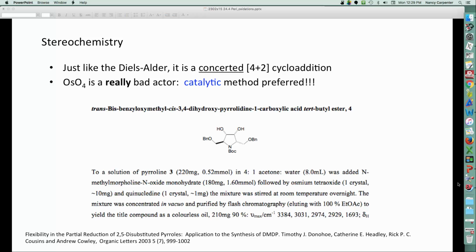Here's the reality. You have to basically take your starting material and dissolve it up in some specified amount of solvent. You need to specify how much of your starting material you're using, and then you're going to add this much of the co-oxidant, and look at this. Wow! Only one crystal of the osmium tetroxide is required.